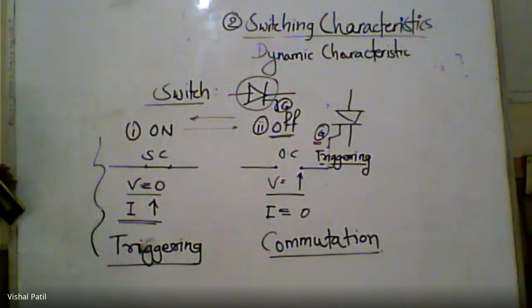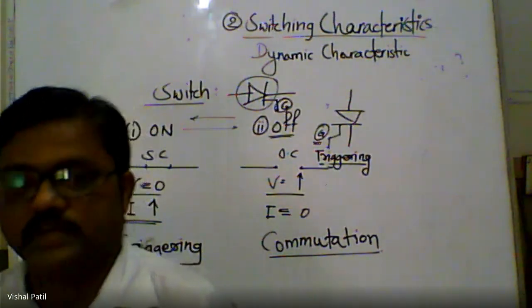This is associated with SCR. In other devices you may use the gate terminal, but in case of SCR, once the device is turned on, the gate loses its control.